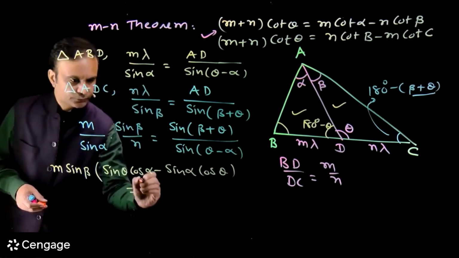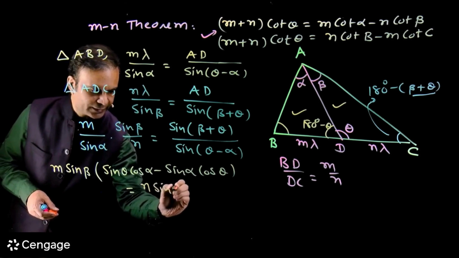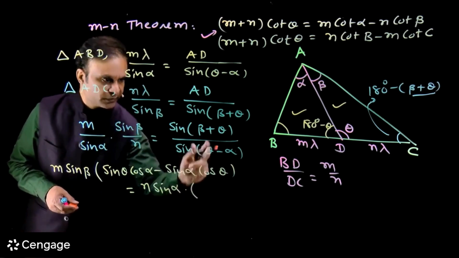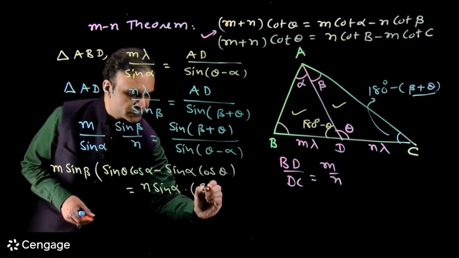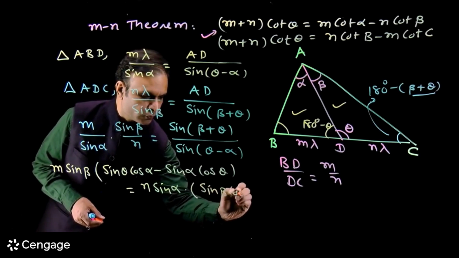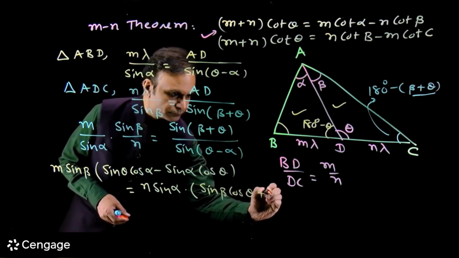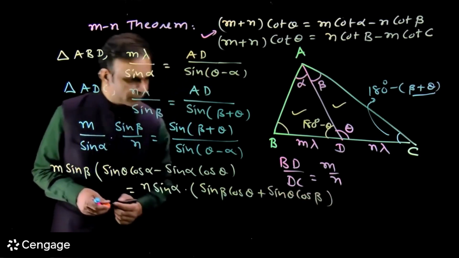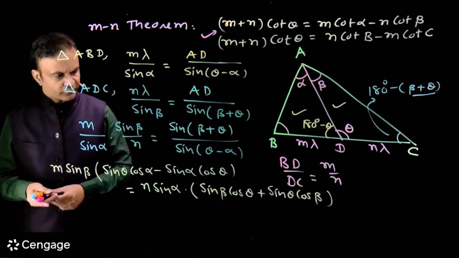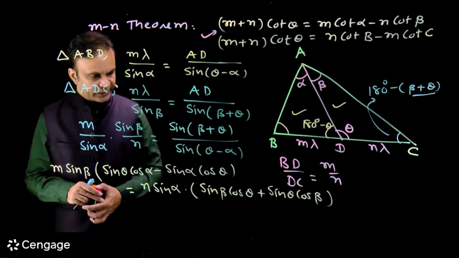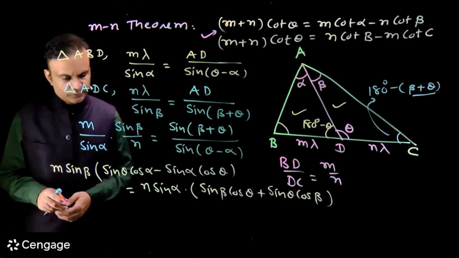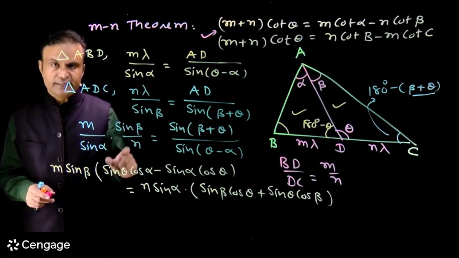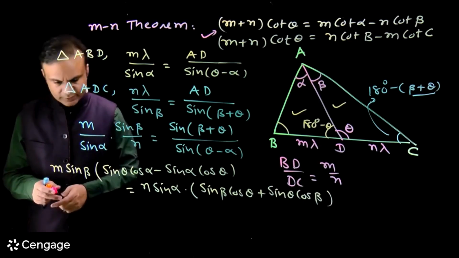This is equal to n sine alpha multiplied by the expansion of sine of beta plus theta, which is sine beta cos theta plus sine theta cos beta. Now on both sides we divide by sine alpha, sine beta, sine theta.